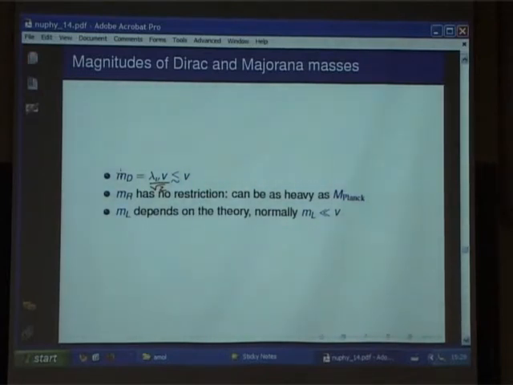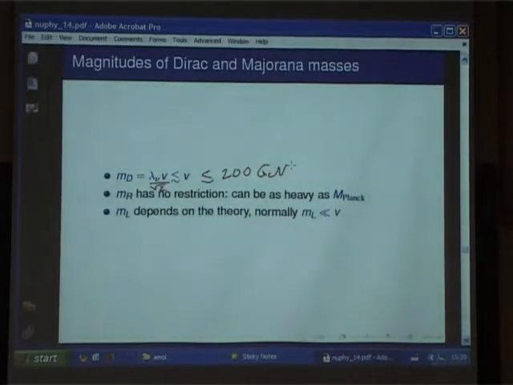It's what's called the seesaw method. It's possible. But right now, independently of what we have measured, let us see from a theory point of view. From a theory point of view, this M_D has a mass less than of the order of V, which is less than of the order of 200 GeV.